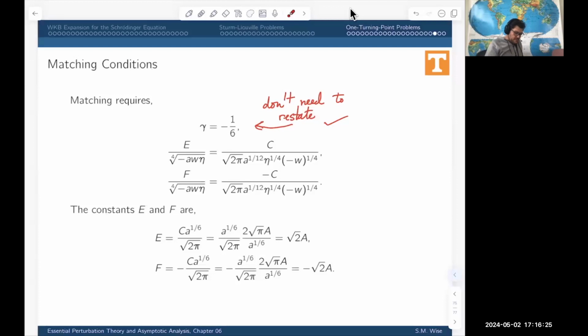To match those sine and cosine functions, I need to have these equations matching. And this tells me ultimately, remember, I'm keeping A as my free parameter and I'm eliminating all other parameters. So this tells me that my E has to be equal to root 2 times A and F has to be minus root 2 times A. And now we're basically done.